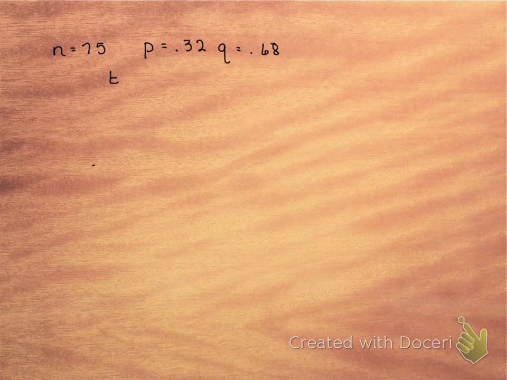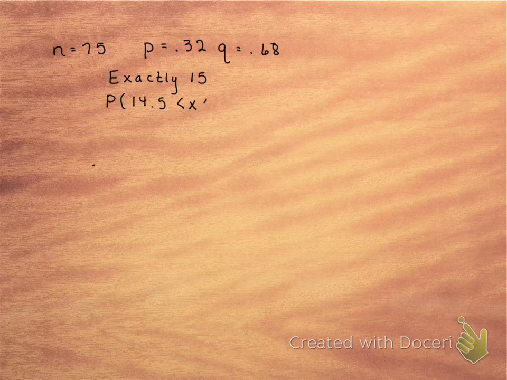So exactly 15. If we can use a normal approximation, we have to figure out what the area is. We need to include exactly 15, so we need to start at 14.5 and end at 15.5 to include 15.